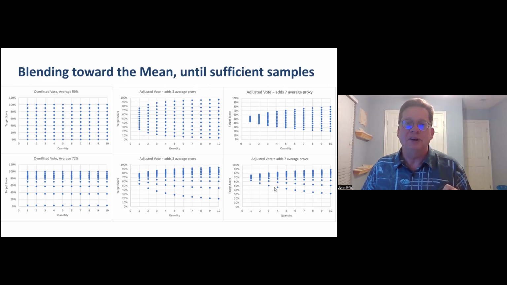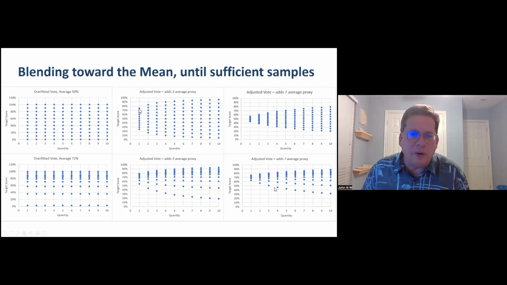So we add 3 votes of 50% to 1 vote of 100%, and that's going to end up, seems like that number, I was expecting that number to be a little bit lower.